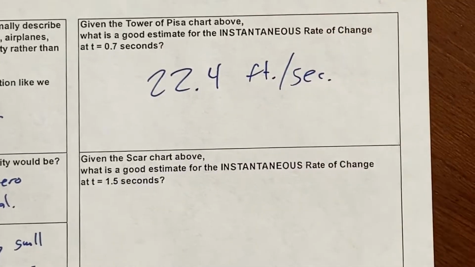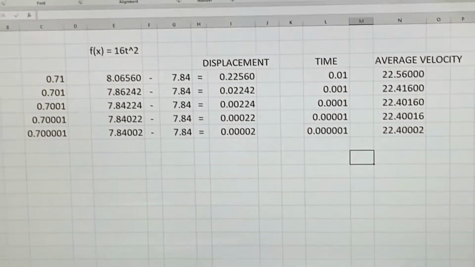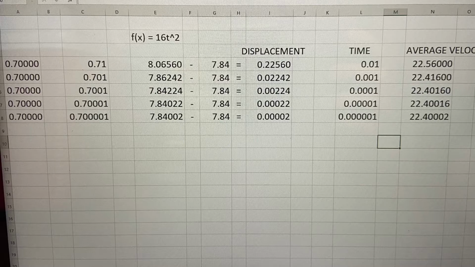feet per second. If you are really good at Excel, we can look at this just for 2 seconds. If you notice, I put the 0.7 on the far left column. I put the 0.71, 0.701, all that kind of stuff in the C column.